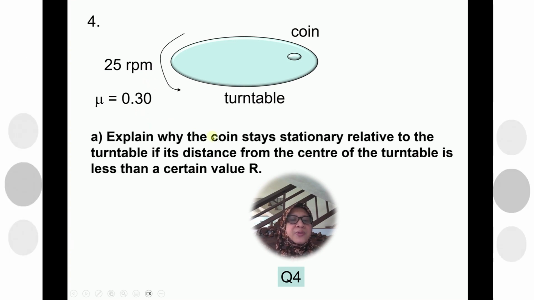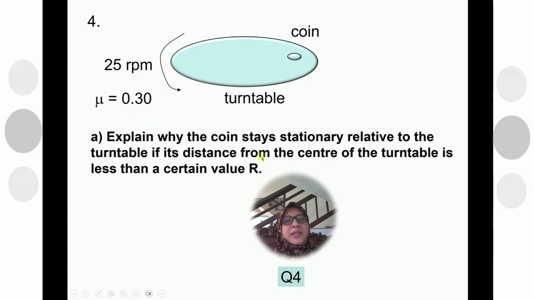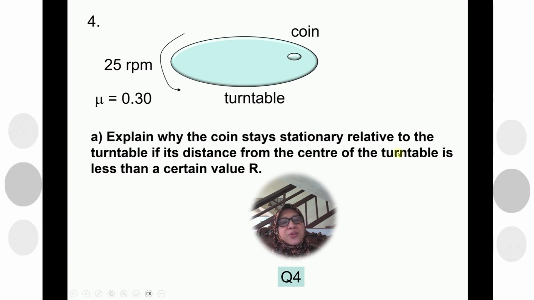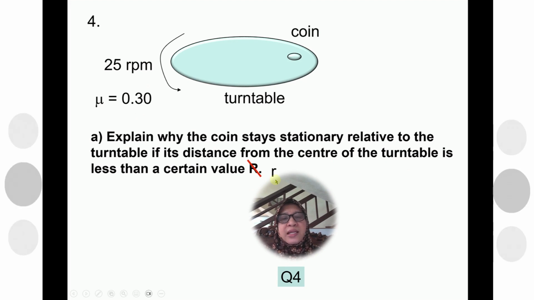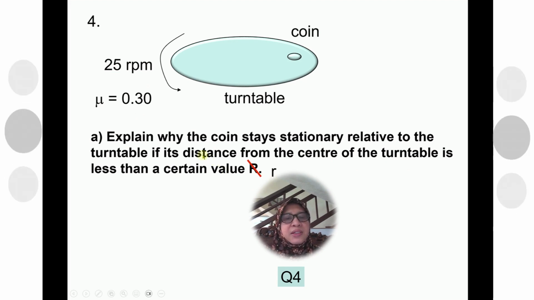I'm going to change this R to a small letter r because this is distance, to avoid the confusion when using the reaction force later.